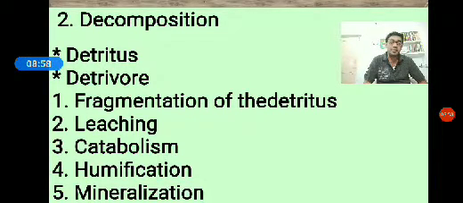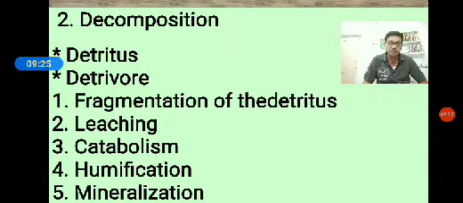Then the third step, catabolism, which means the process in which complex insoluble organic substances are converted into simple soluble organic and inorganic substances by extracellular enzymes of decomposing bacteria and fungi.